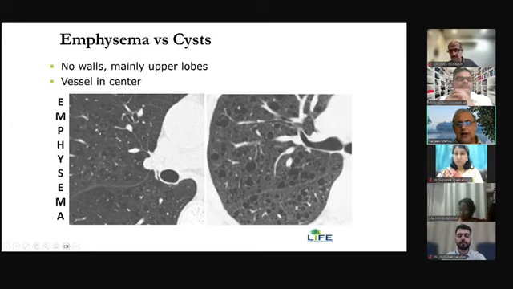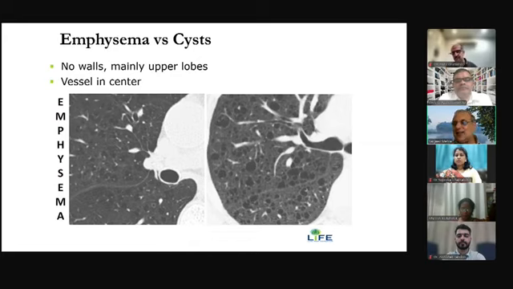You cannot identify a cyst wall going around it, and the bronchovascular bundle is somewhere floating free inside this. That is a very important hallmark of emphysema versus this, which is a cyst, which is well defined. It has a thin wall, and you'll see the bronchovascular bundle is outside the cyst.